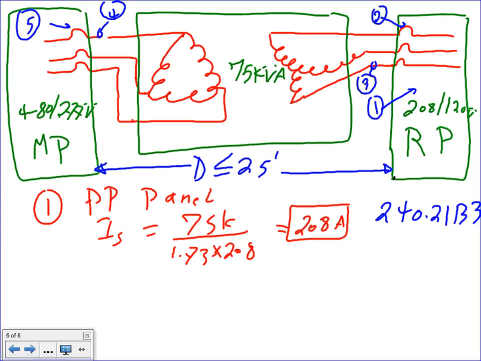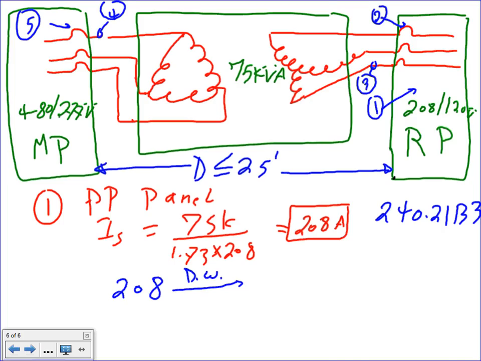Okay? Remember when we size the panel, how much can the transformer contribute? 208. So this is how I would do it. I would take the 208 directly to the table, no multiplication by 1.25, no multiplication by anything else.